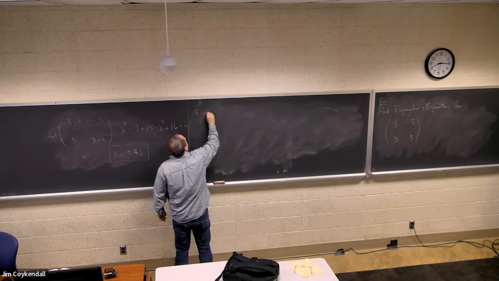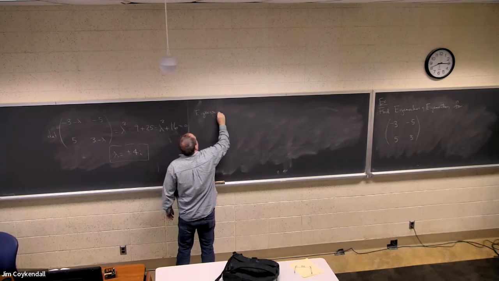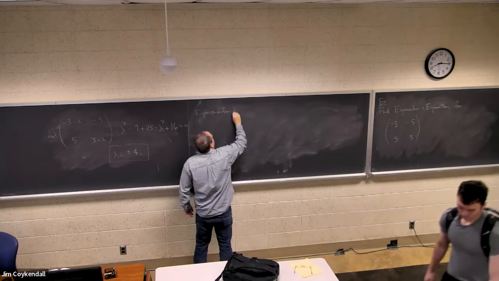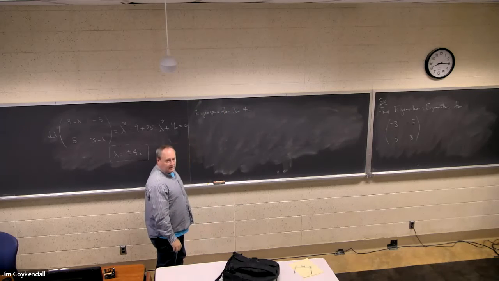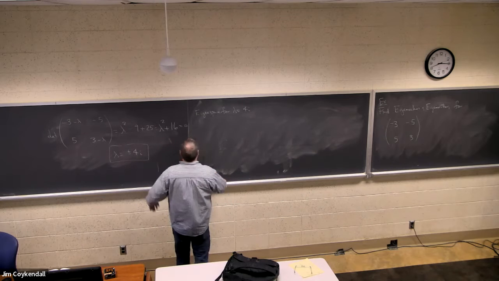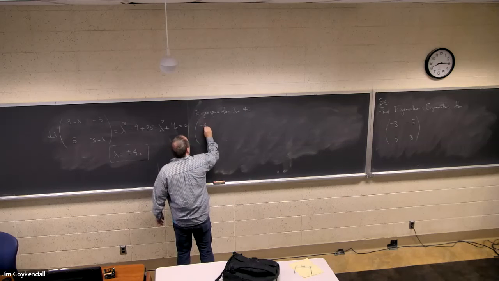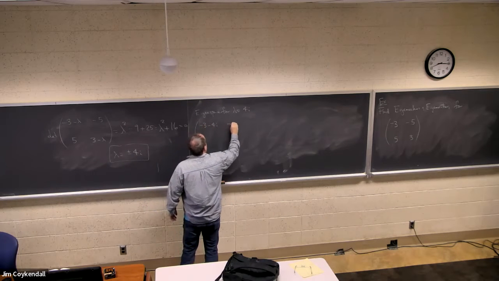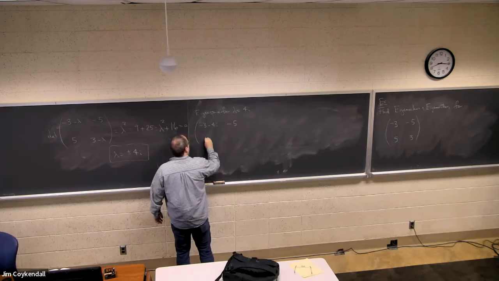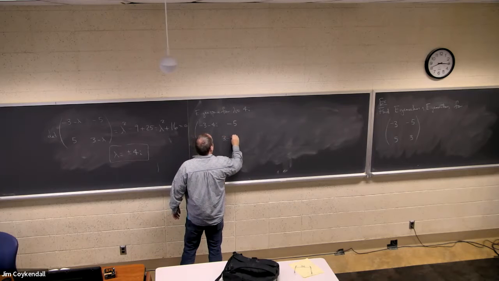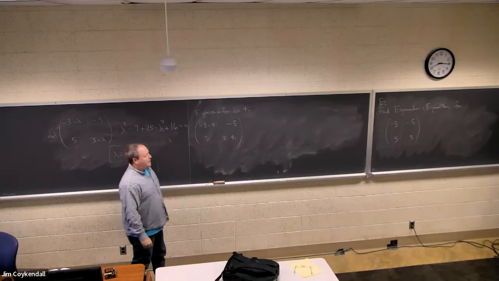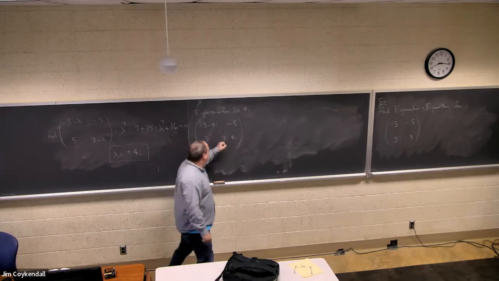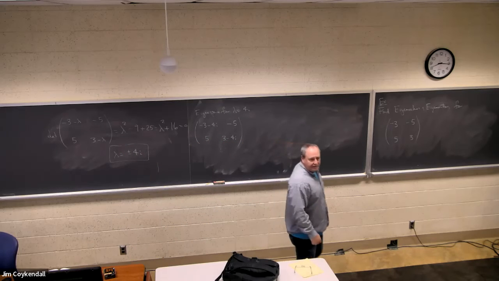The manipulations are essentially the same. So the eigenspace for lambda equals 4i. I'm going to do the 4i eigenvalue now, so I'm going to subtract that. What I'm doing here is finding the null space of this.